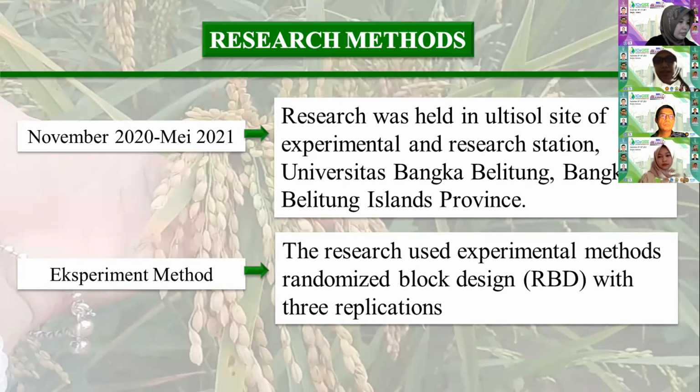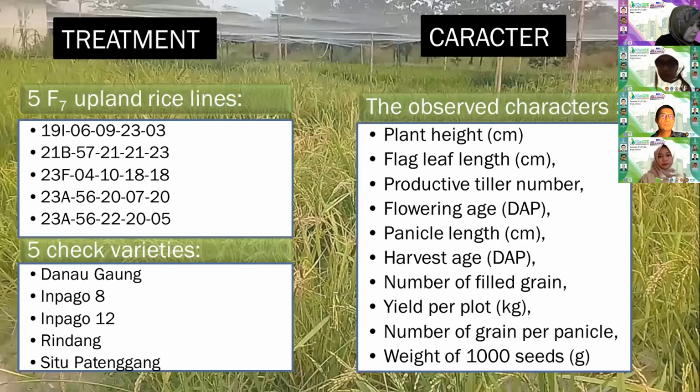Experiment methods: the research used an experiment method with randomized block design or RBD with 3 replications. The treatment of the research was 10 genotypes, 5 upland rice lines, and 5 check varieties: Danau Gaung, Inpago 8, Inpago 12, Rindang, and Situ Patenggang.